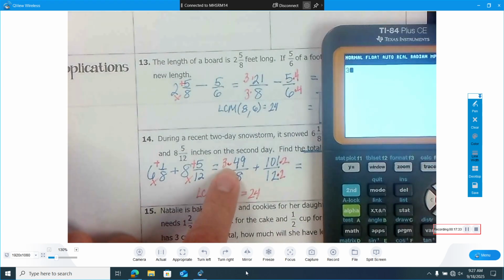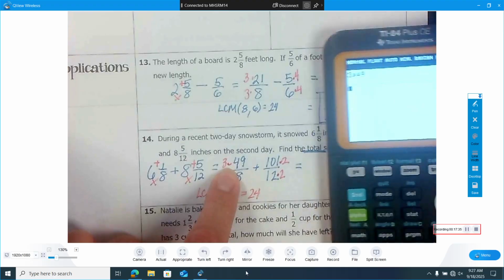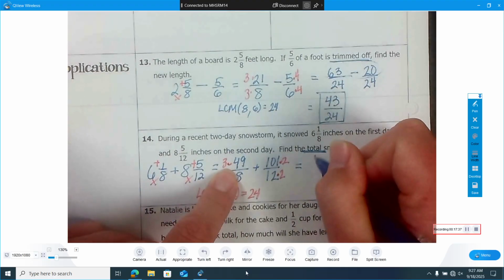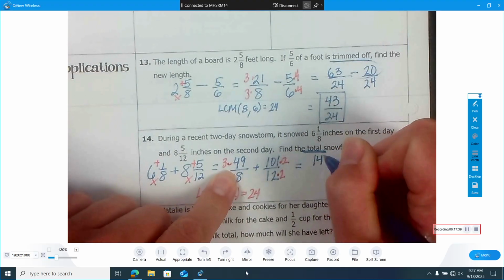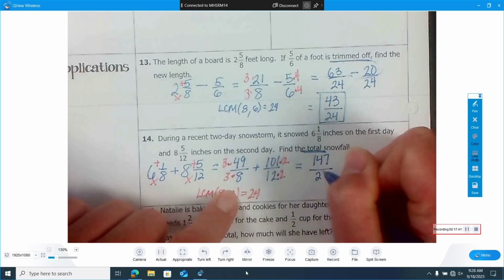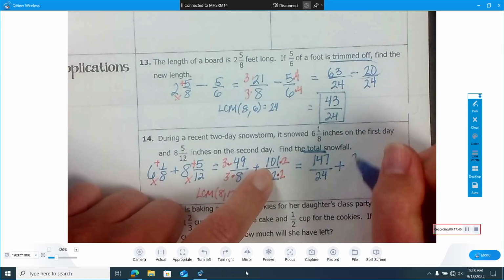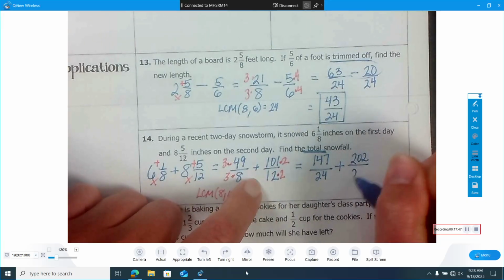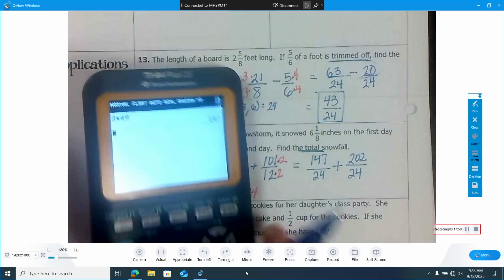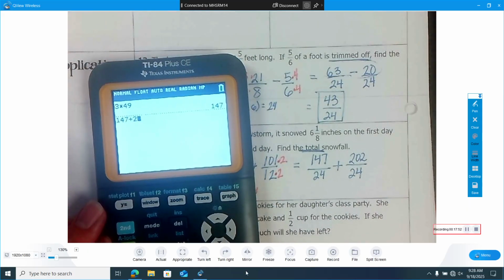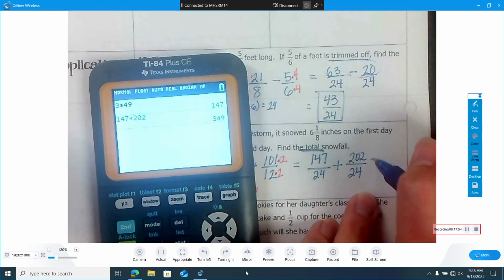All right, here, calculator friends here. I don't know what 3 times 49 is. 147. I did know that, but it's okay to use a calculator too. 147 over 24. What's 101 doubled? 202. Very good. Over 24. And again, I don't know, 147 plus 202 is 349 24ths.